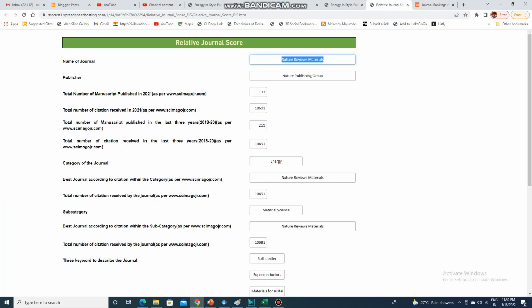So first of all, we will write the name of the journal, Renewable Energy. This is the journal published by Elsevier, right?